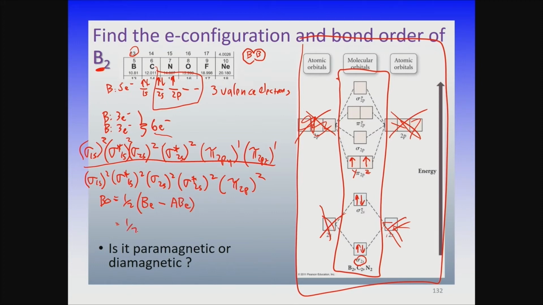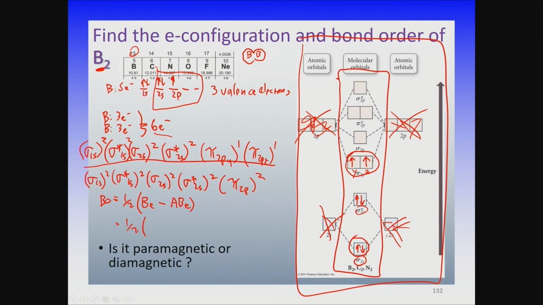How many electrons do we have in bonding orbitals? Here we have 2 electrons in this bonding orbital. We know it's bonding because there's no asterisk in this symbol. This one is an antibonding orbital because it has an asterisk. But these final 2 electrons, the highest energy ones in the pi 2p, have no asterisk there, so those are bonding electrons as well.